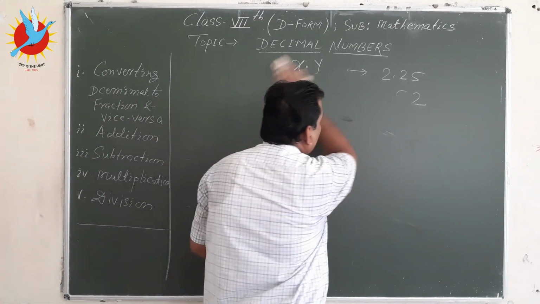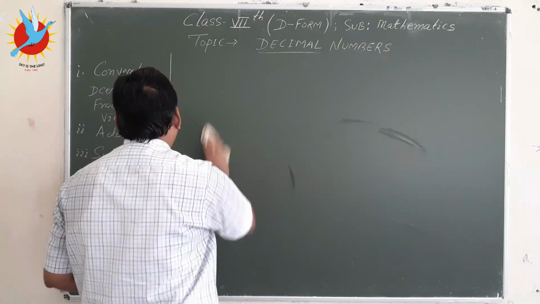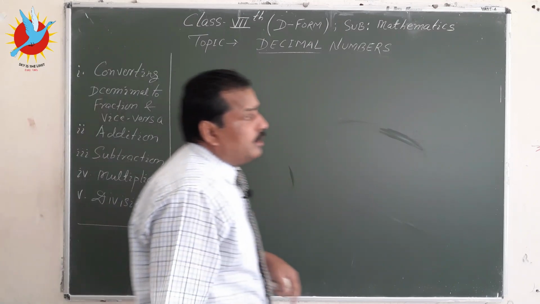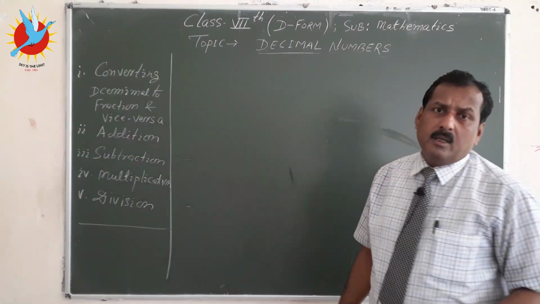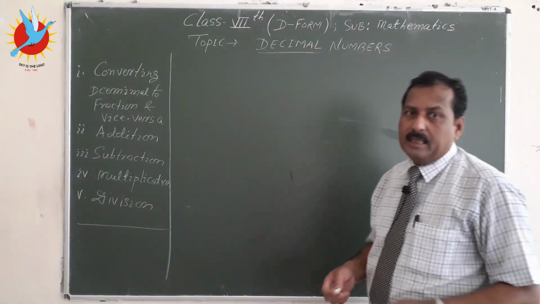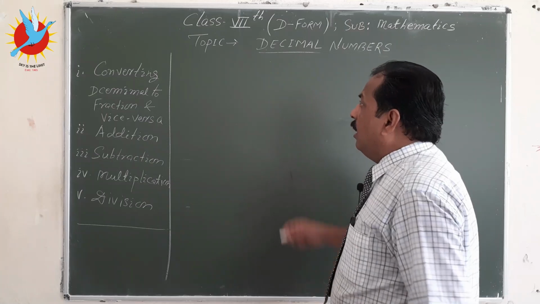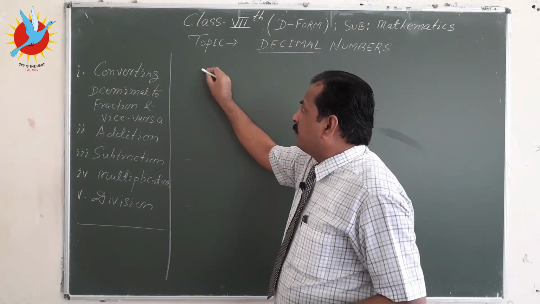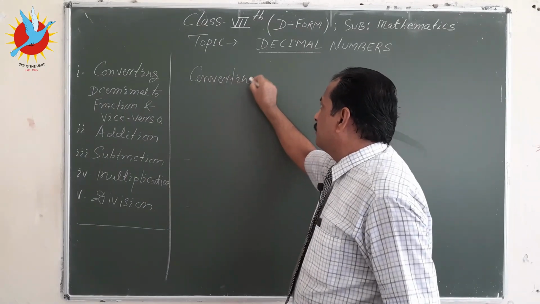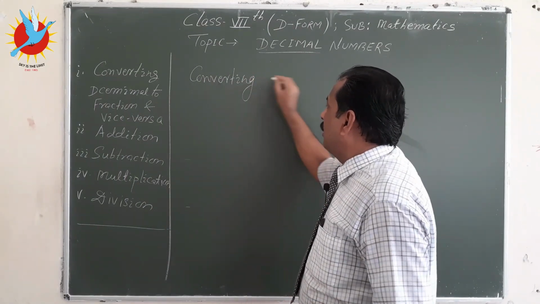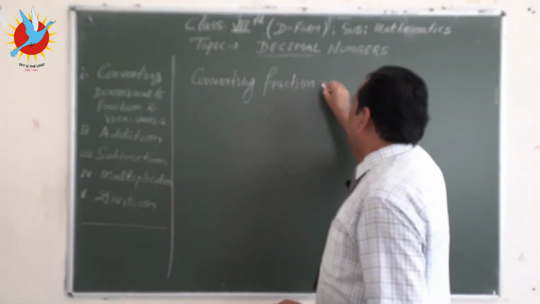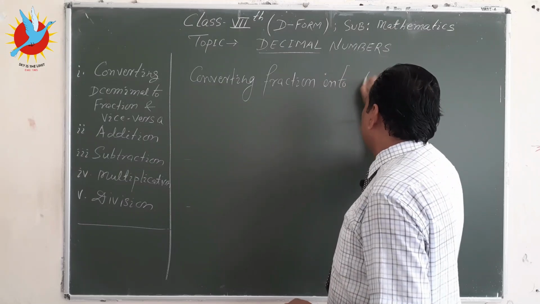Now let us come to understand conversion, how to convert a decimal number into a fraction or a fraction into a decimal number. So let me take the first one, converting fraction into decimal.